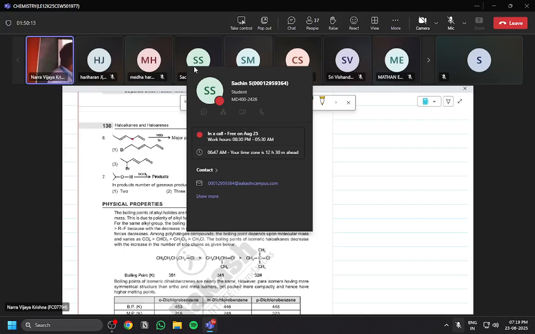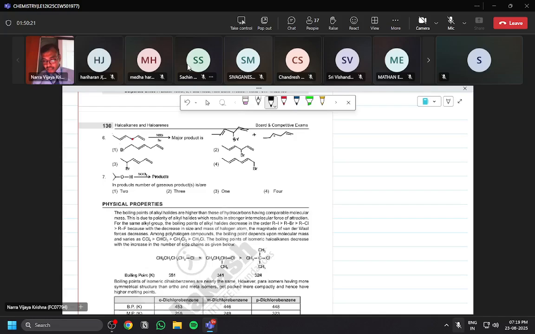Another possible product. After getting the radical, I am shifting this bond. If I shift this bond, I may get a radical here also. Possible? If I shift that bond to this side, another possibility.